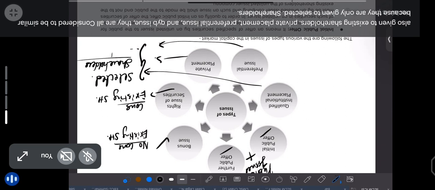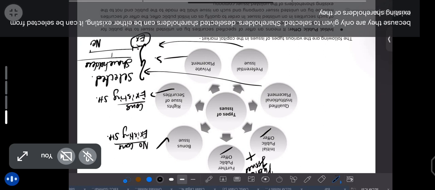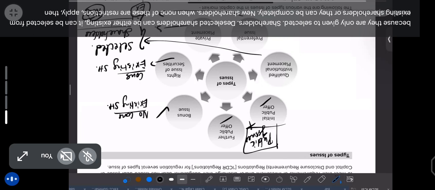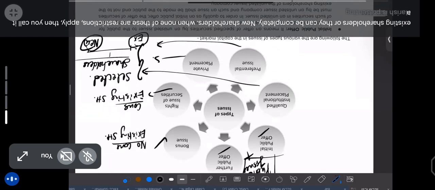These selected shareholders can be either selected from existing shareholders, or they can be completely new shareholders. When none of these restrictions apply, then you call it a public issue.